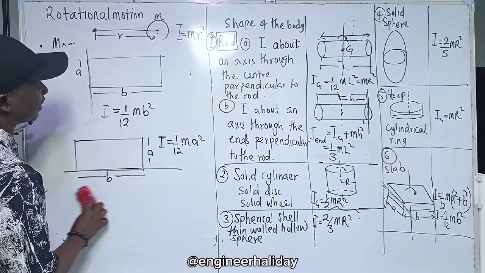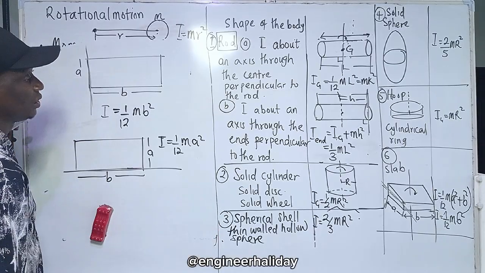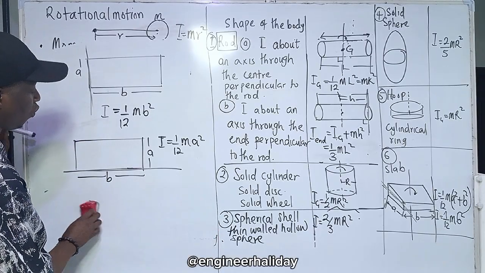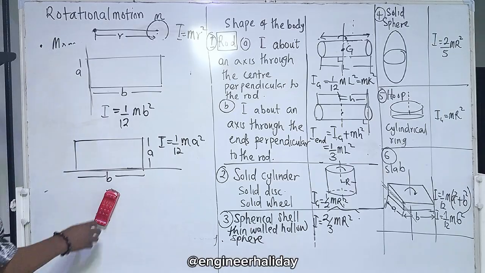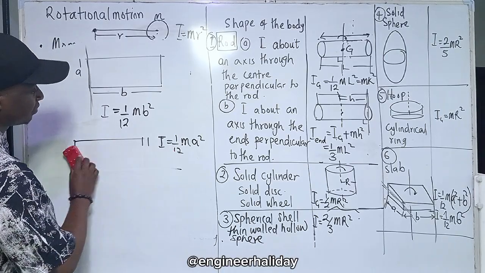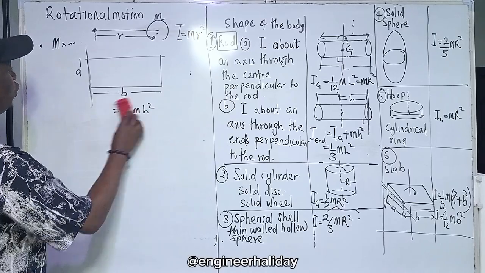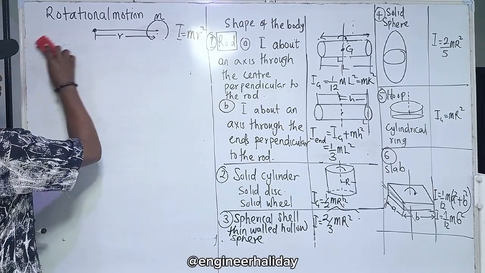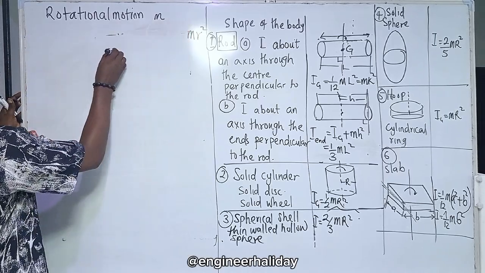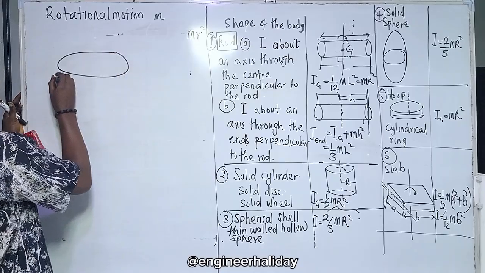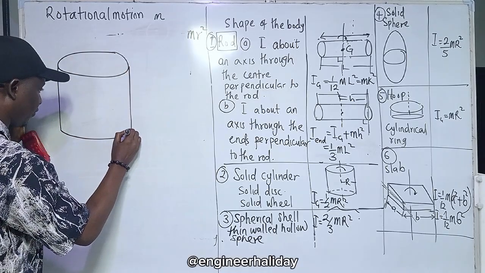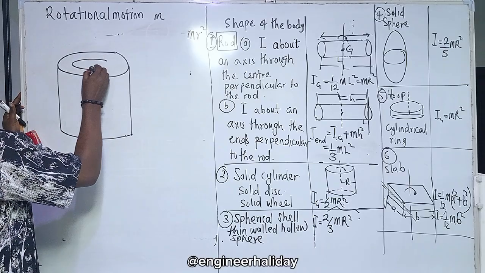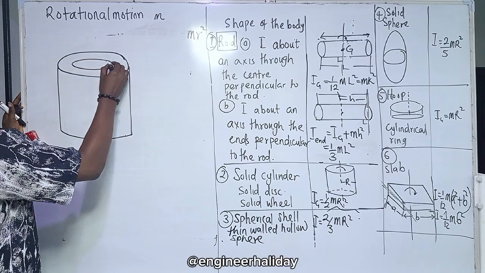Now the next one that we want to consider is the hollow cylinder. I just analyze that one. If I have something like this, look at the board, a rough sketch of a hollow cylinder like this.